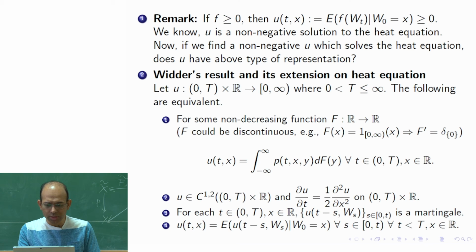The Brownian motion is starting from point x, as I have shown in the picture, and for s equal to 0, the w0 would not be a random variable but a deterministic value, that x, and u of t minus 0 is ut. So the expectation of that would be just ut, because this is deterministic. So u(t, x), you are going to get that. So the left hand side and right hand side are equal when s is equal to 0, that we can see very easily.